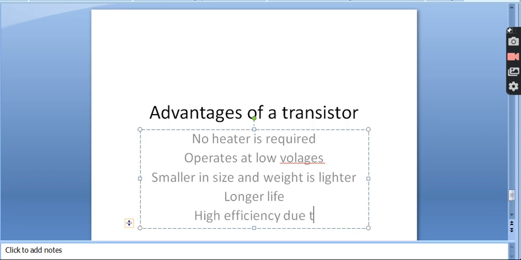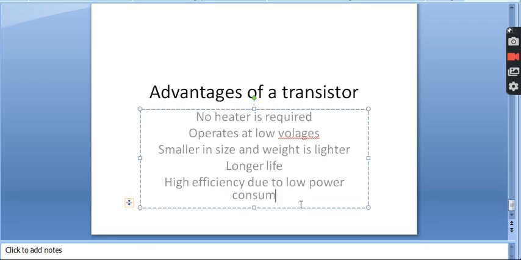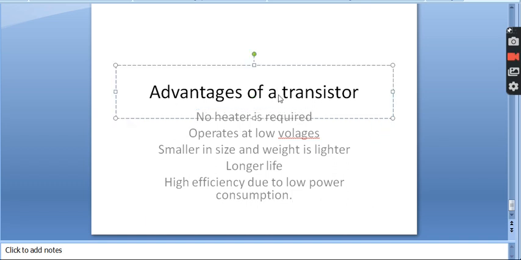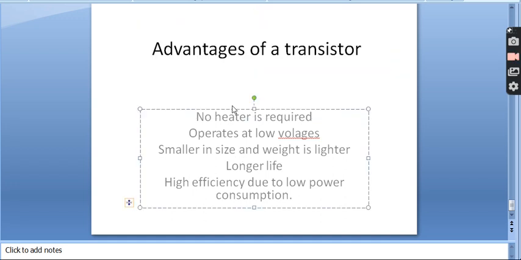It is due to the low power consumption. Due to the low power consumption, the transistor has higher efficiency. These are the advantages of a transistor.